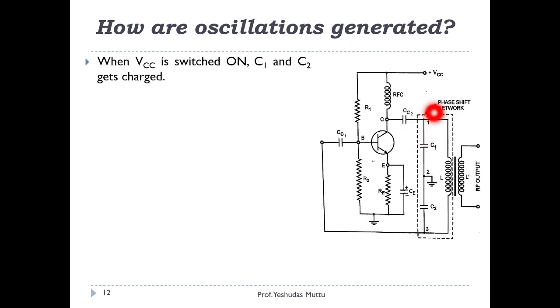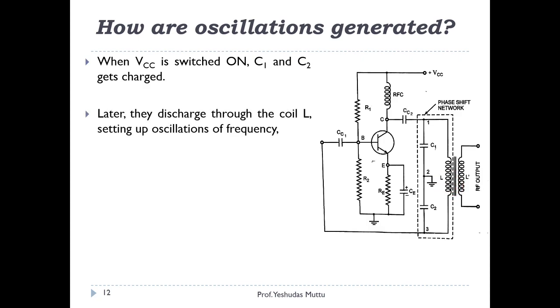After some time, this electrostatic energy will be given to this inductor, which will be converted into magnetic energy, which will set up the oscillations with desired frequency. To tell you all, the frequency of oscillation for this particular circuit is given by a particular expression, which we are going to derive later.